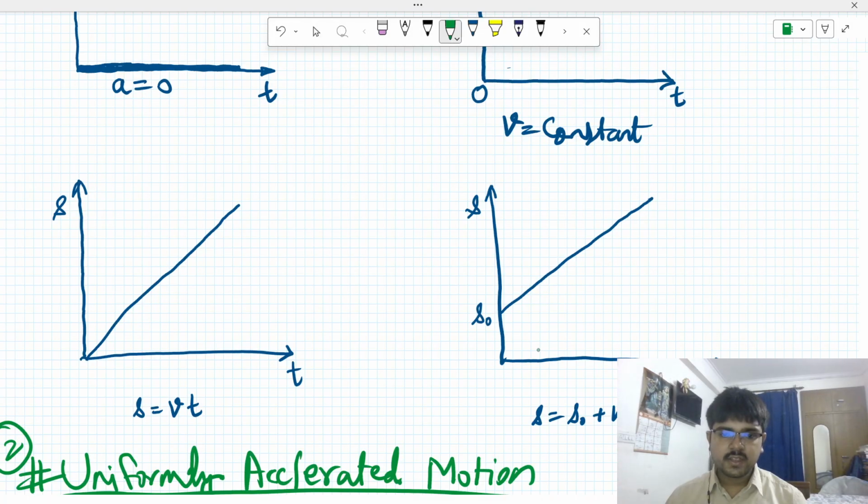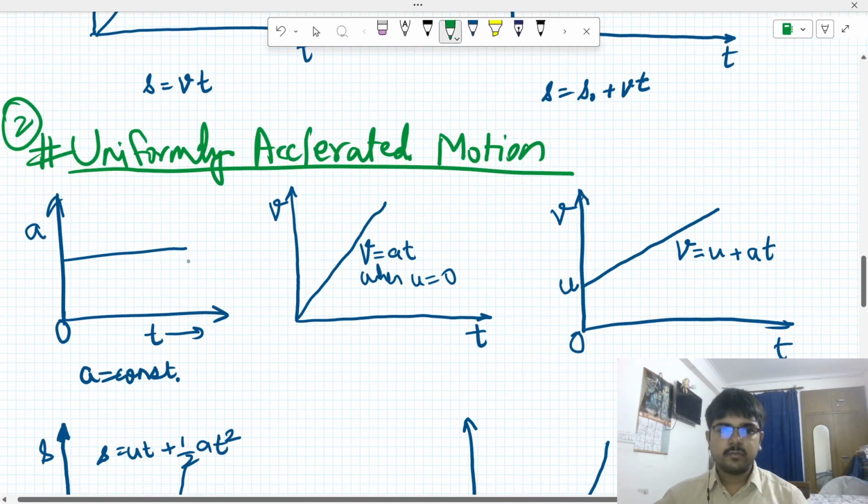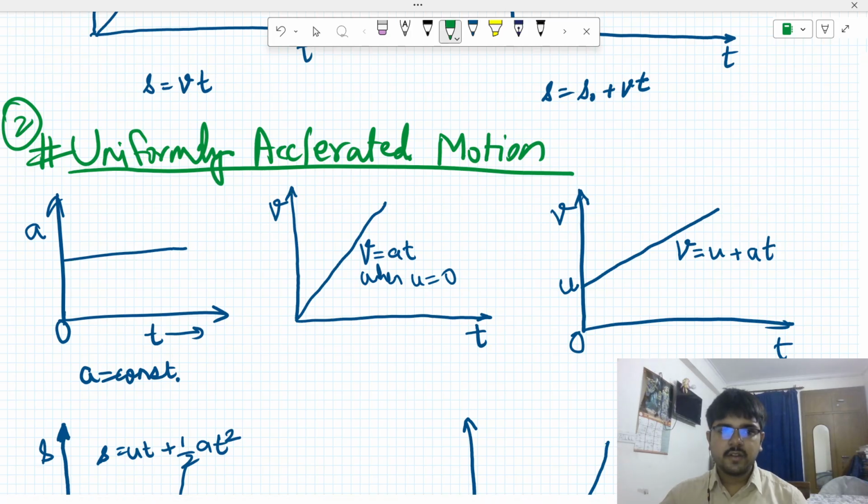Now we come to the second case, uniformly accelerated motion. In uniformly accelerated motion we have a uniform acceleration, as you can see in this graph. In the vt graph we can see v equals at, since we know that v equals u plus at. When u equals 0, we get v equals at.